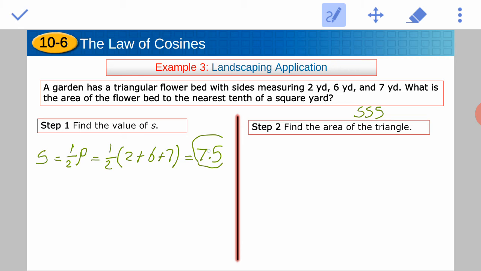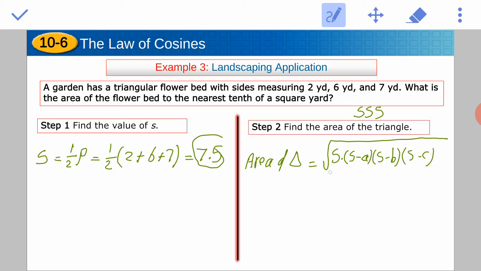This is my s. Now guys, let me write Heron's formula for finding the triangle area. So Heron's formula states the area of a triangle is equal to the big square root of s times s minus a times s minus b, and finally times s minus c.